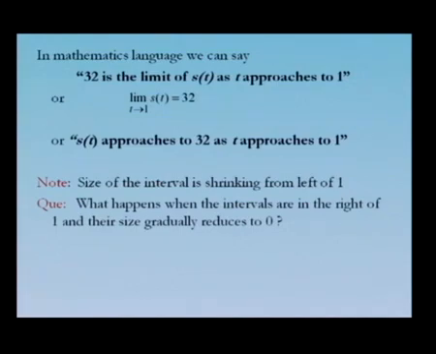You can note one thing, that the size of the interval is shrinking from the left of the point 1. If you take the intervals which are to the right of 1, then you can also see that their size gradually reduces to 0 and s(t) approaches 32.